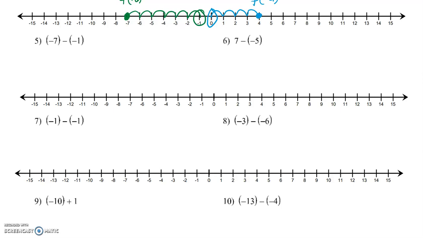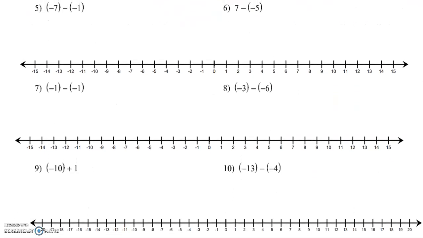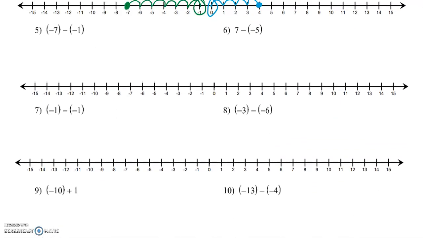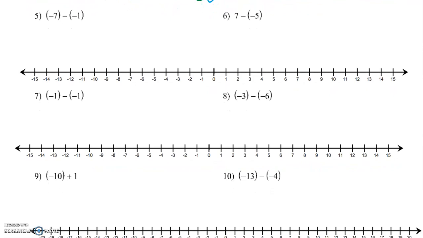All right, next problems. Let's look at number 5. Number 5, we have -7 minus -1. Now remember, from our first lesson, we don't talk about subtraction in this class, because subtraction is just a made-up operation by mathematicians because they're too lazy to write what's actually happening.